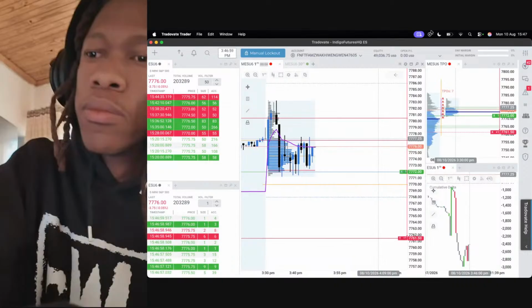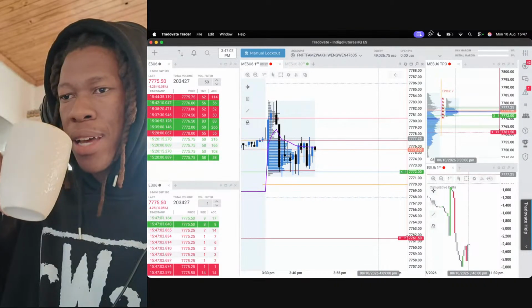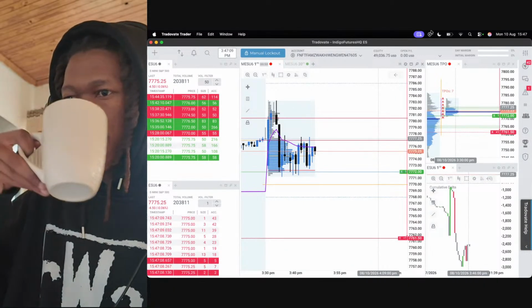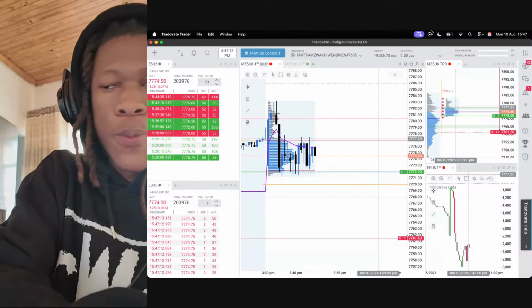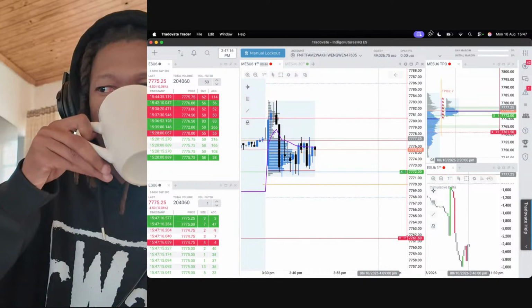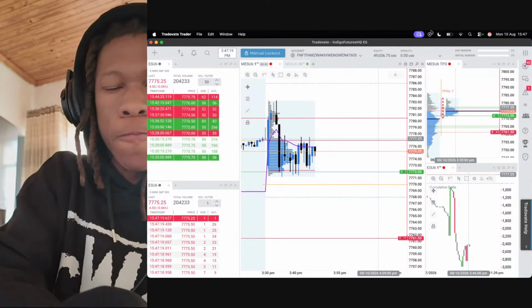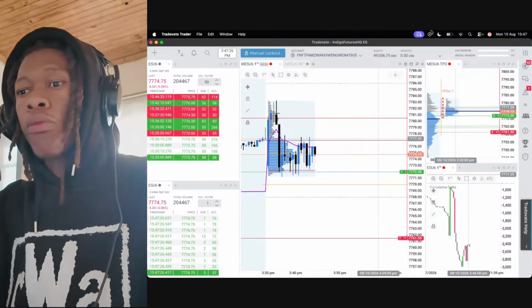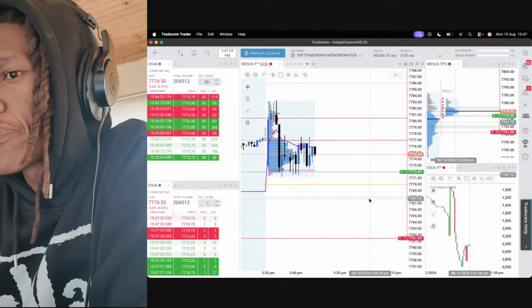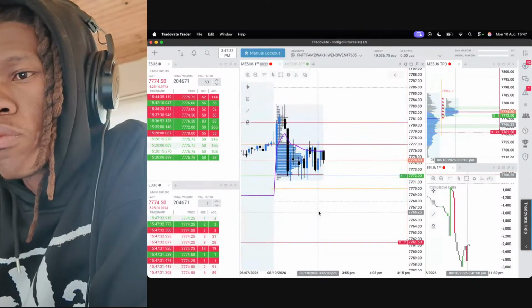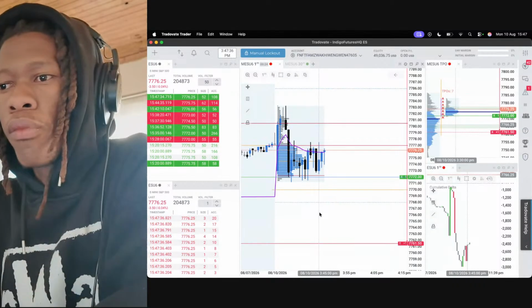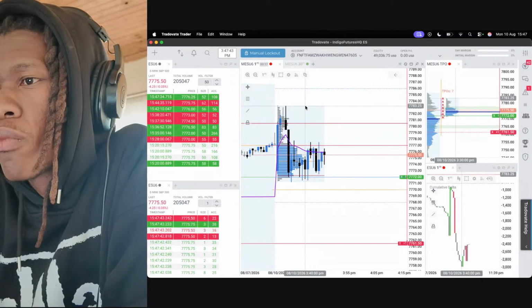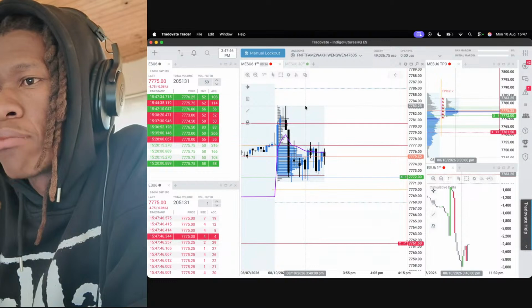We are below VWAP, so I don't know whether that's going to hold for a very long time or not. 783.